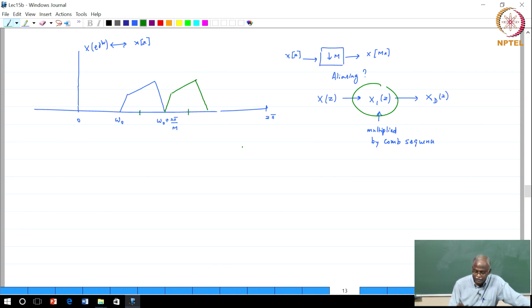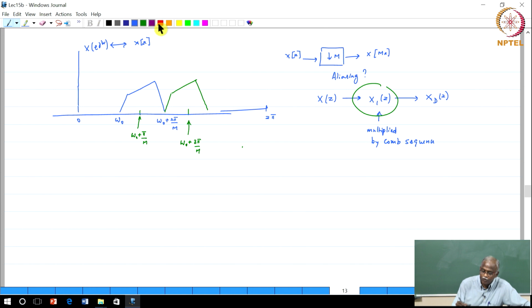If omega naught plus pi over m is the center frequency, the center frequency of the next one is going to be omega naught plus 3 pi over m, and then omega naught plus 5 pi over m, and you can see that eventually it will go a full circle and come back, with the last copy appearing somewhere in this region. So they should be of equal size.